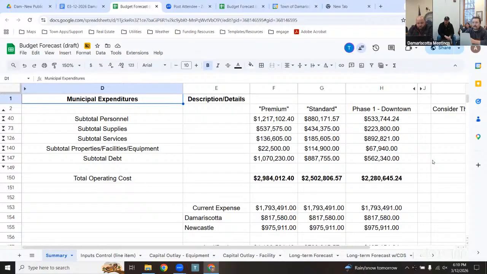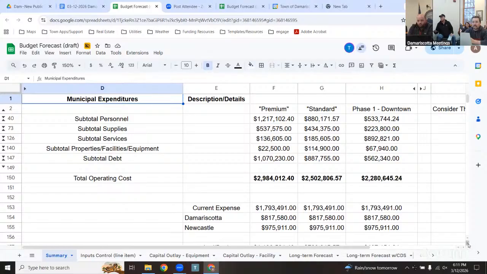We can get into the details of them later, but I just want to summarize this by saying your current expense, which is row 153 down there, collectively, we're currently spending $1.8 million, we'll call it. So all of our options do end up costing more initially. And you can see the breakdown by Damascus and Newcastle, those amounts.